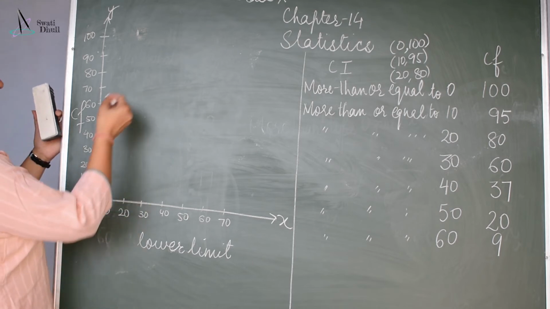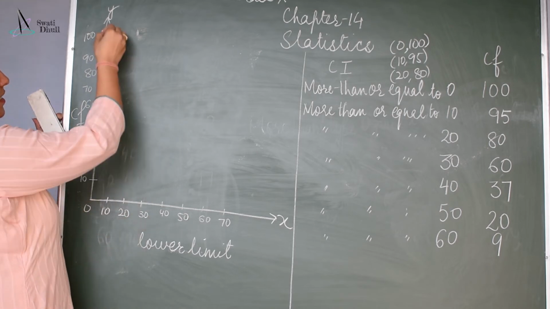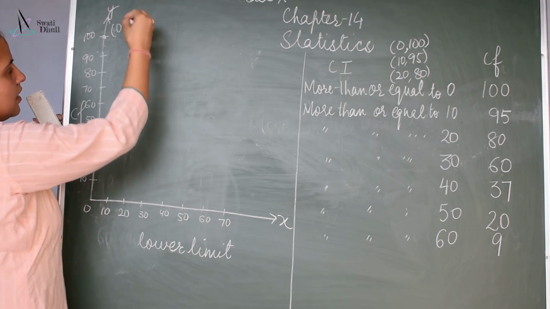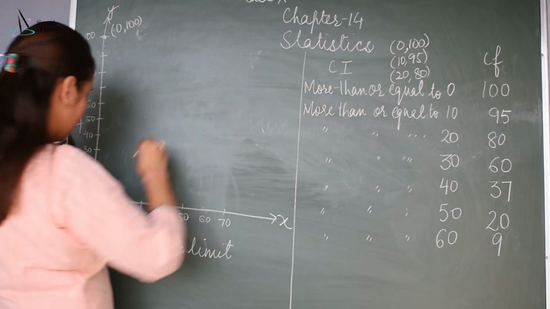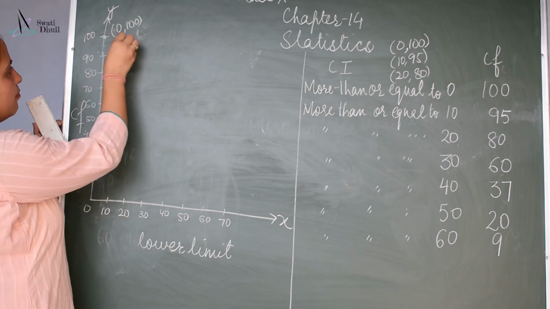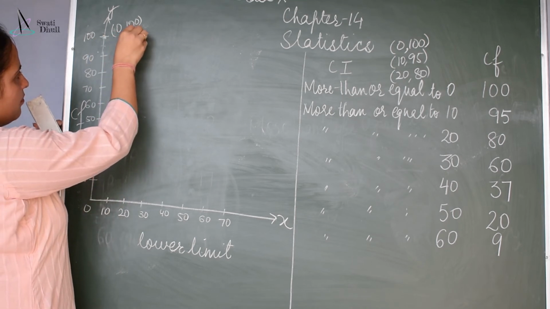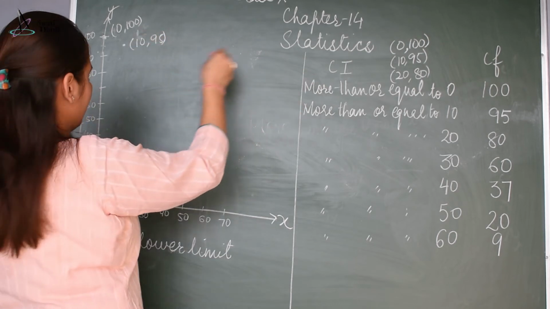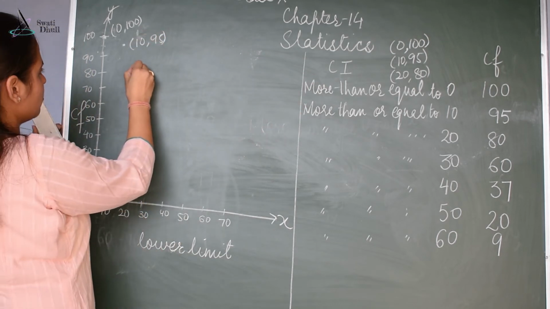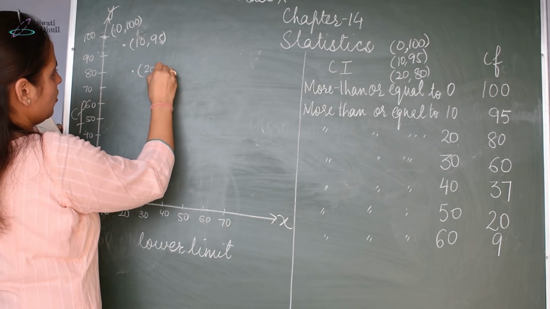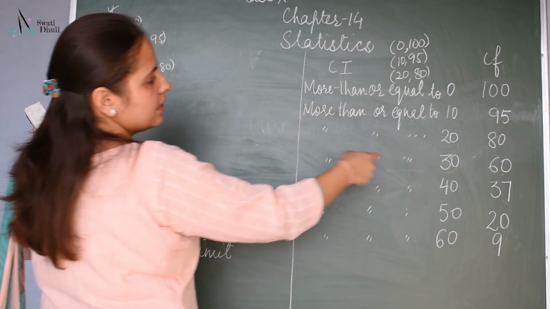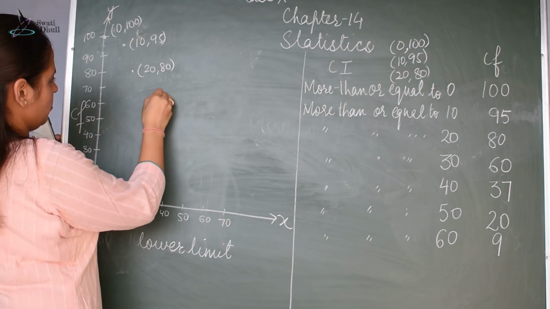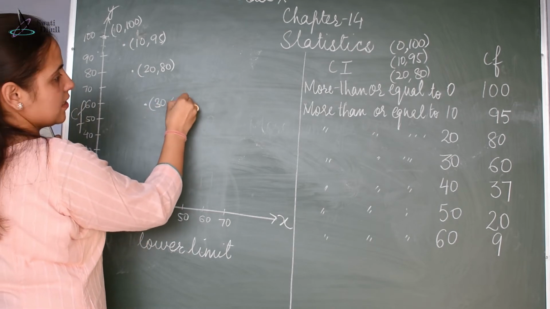So see, 0 on x-axis, and this point is 0, 100. Let's see the second point, 10, 95. So this is 10, and here in the middle it will be 10, 95. Then is 20 and 80. So here 20, 80. Then 30, 60. So this is 30 and this is 60.